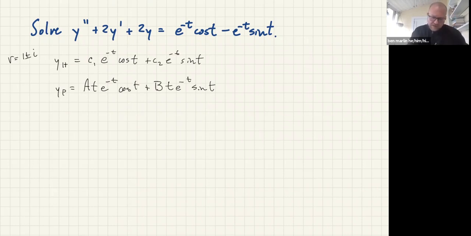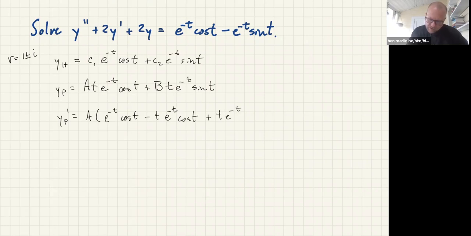So the thing that's going to happen here is that we're going to figure out y_p prime, and we have to use the product rule to do it. So e to the minus t cosine t plus t e to the minus t, and that means that we're going to pick up a negative here, and cosine t and plus t e to the minus t.